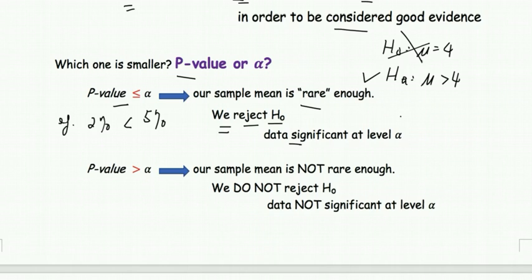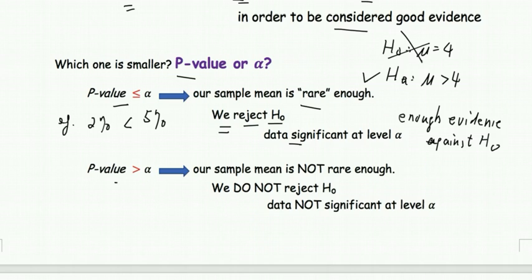In this case, you have enough evidence against the null. So enough evidence against the null, that means you're saying that the alternative is true.